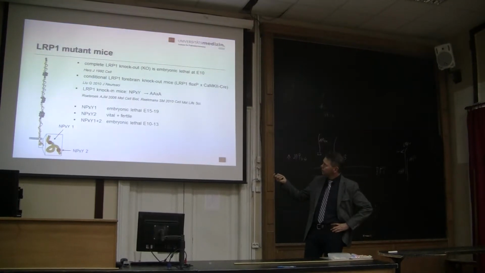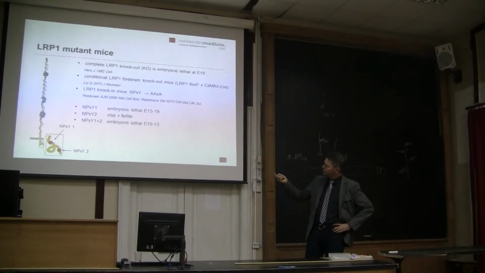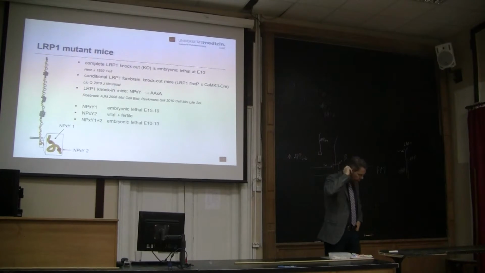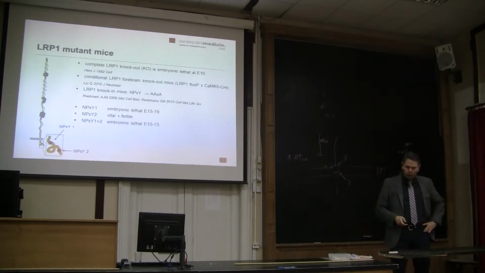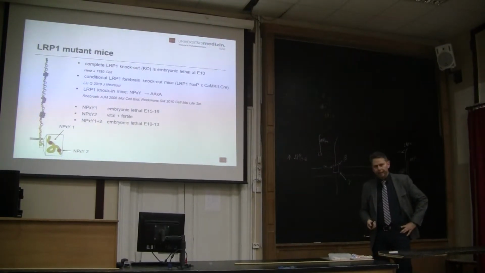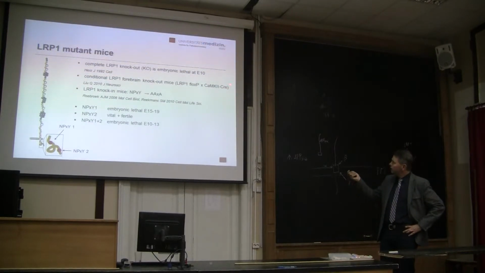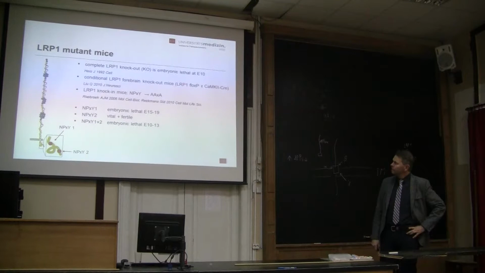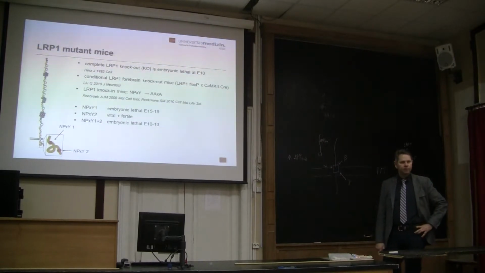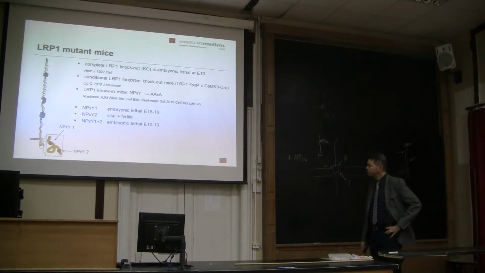Then, many years later, the group from Goujon generated a conditional knockout in the forebrain, which is driven by the CAM kinase 2 promoter. These animals live, but they have severe phenotypes, and I'll show you that in a minute.